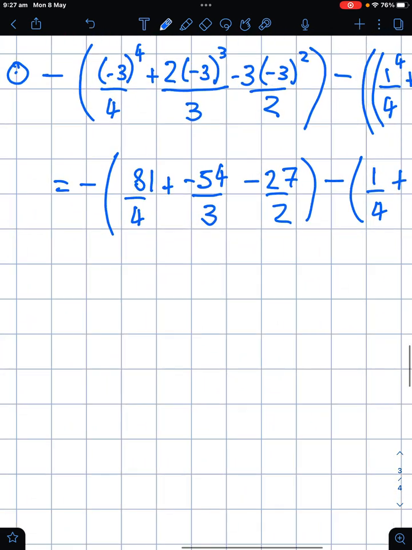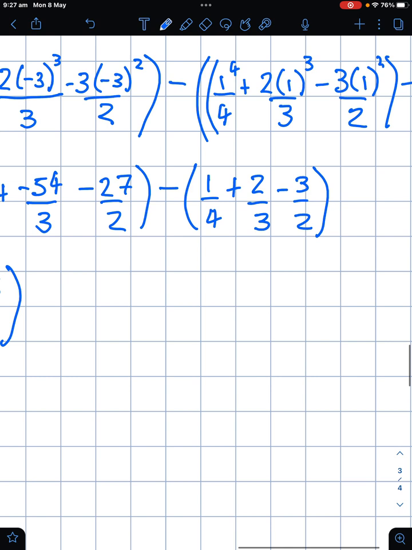Okay, getting there now. It's starting to clean up. So I'm going to be a little bit lazy here, and I'm going to put it in my calculator. 81 on 4 minus 54 on 3 minus 27 on 2. This all comes out to be negative 45 on 4.